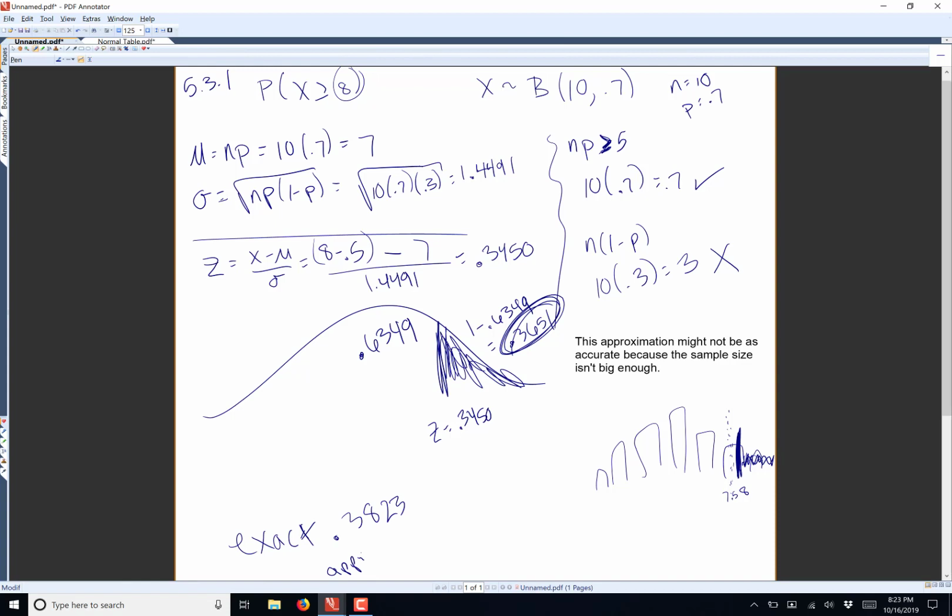Our approximate, sorry, my handwriting is really bad because I couldn't detach my screen because my battery was dead. Okay, so notice my exact is 0.3823, my approximate is 0.3651. Those are not very close. Again, that's because our approximation was not accurate because our sample size was not big enough.